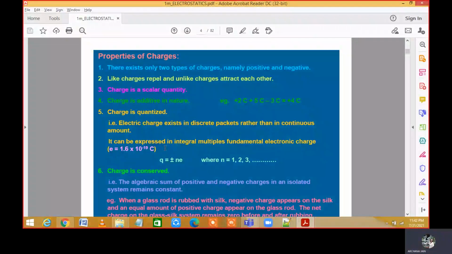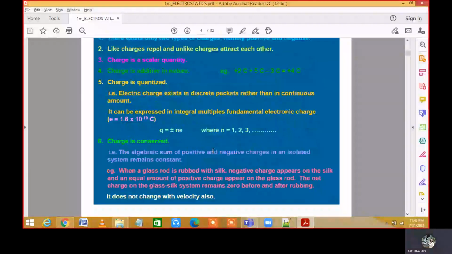If it loses 2 electrons, the charge becomes twice this charge. This means charge is quantized. It is in the form of discrete packets, and the value is Q = ±Ne, because any substance loses 1, 2 or 3 electrons, or gains 1, 2 or 3, where N is 1, 2, 3.